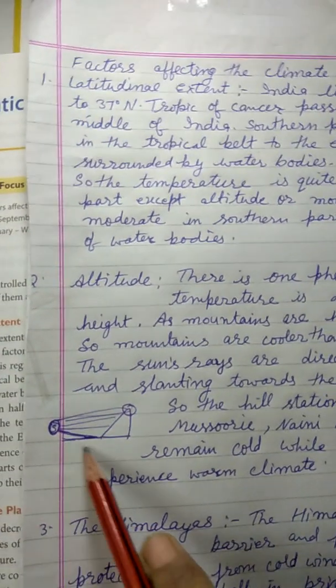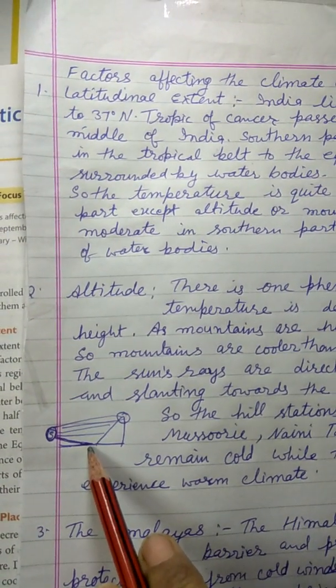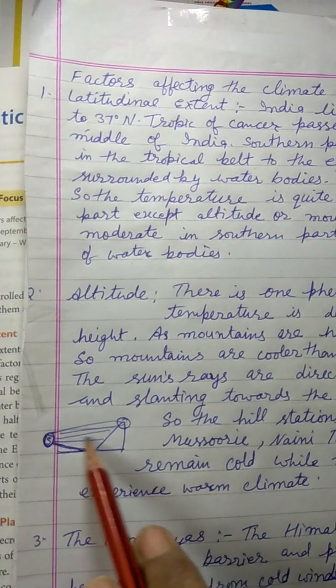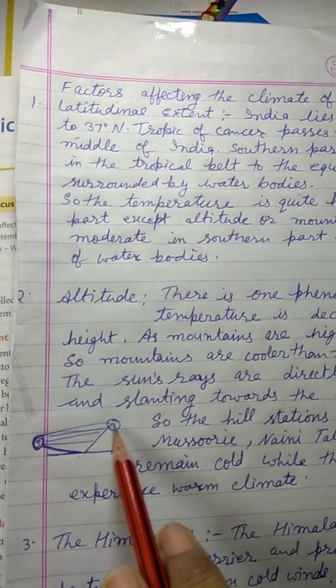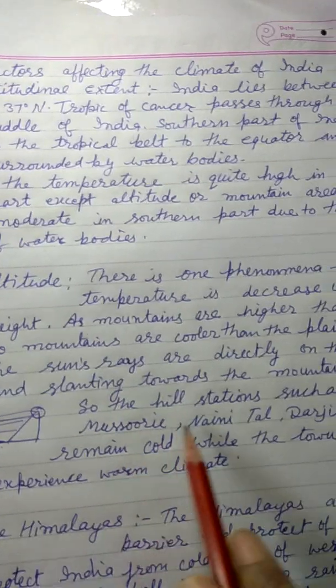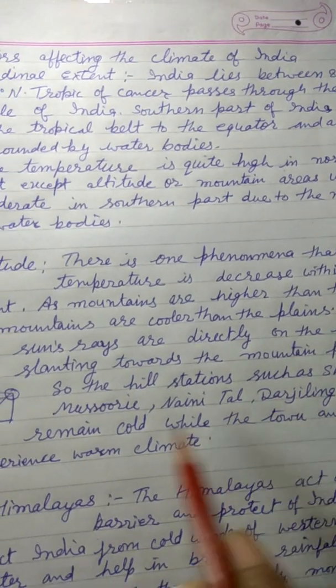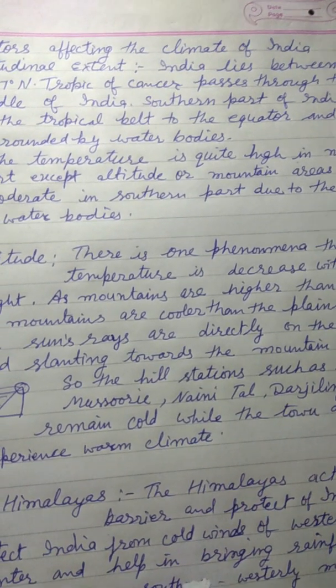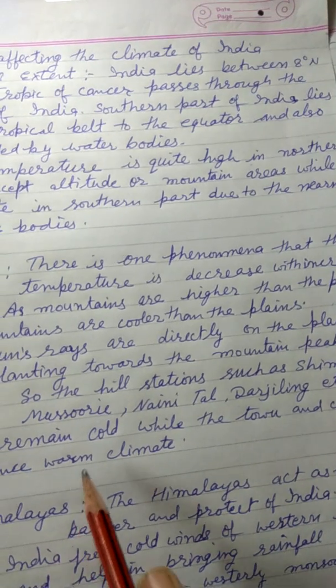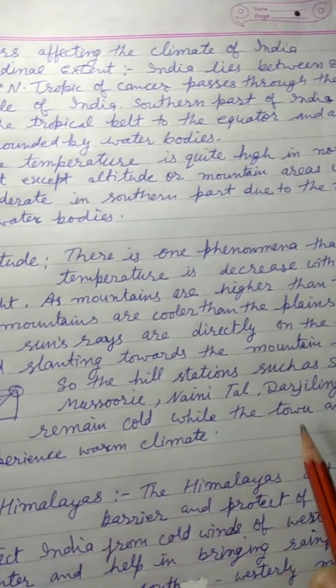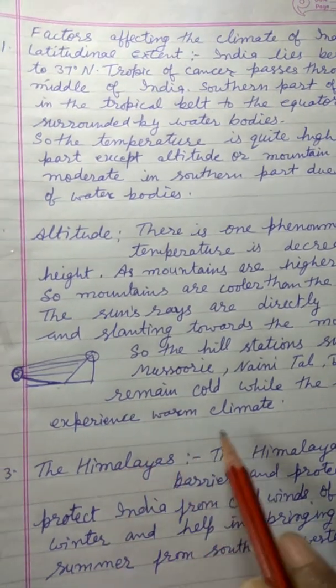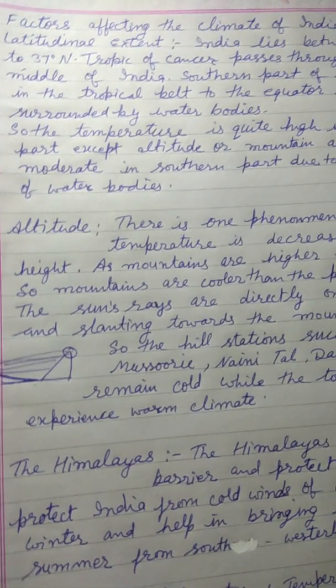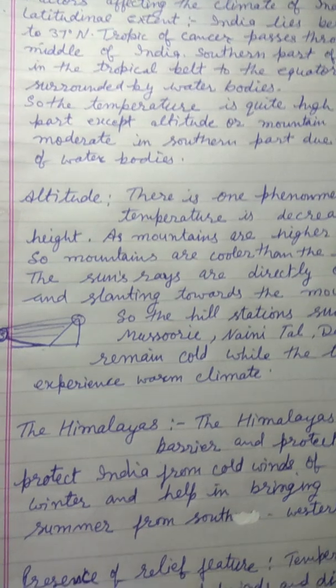So hill stations such as Shimla, Mussoorie, Nainital and Darjeeling remain cold, while towns and cities experience a warm climate at some times according to the season.